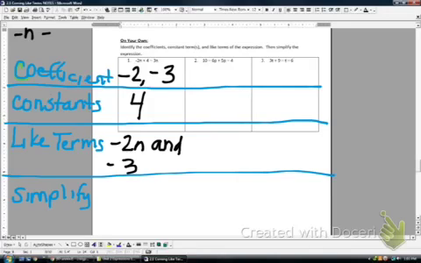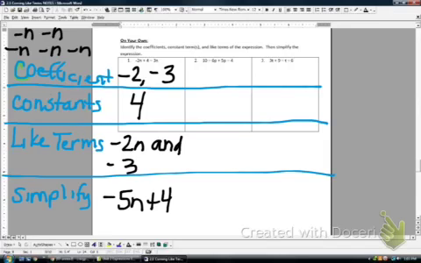So I have negative n, negative n, negative n, negative n, negative n. So I have 1, 2, 3, 4, 5, negative 5n, and then my plus 4 doesn't match with anything. So my simplification of that expression is negative 5n plus 4.